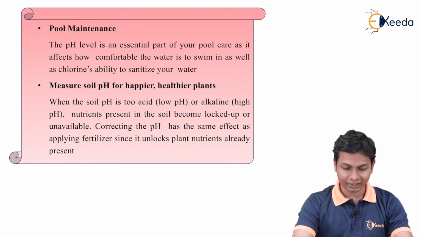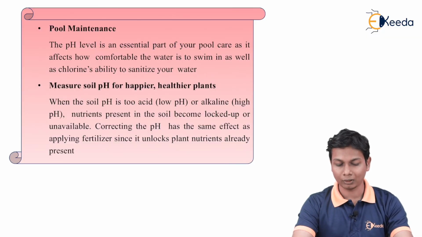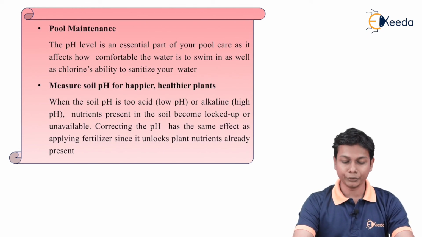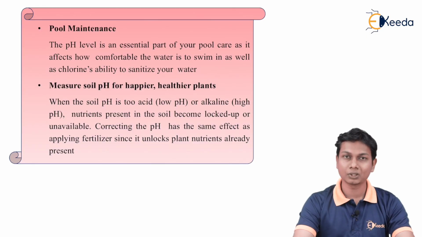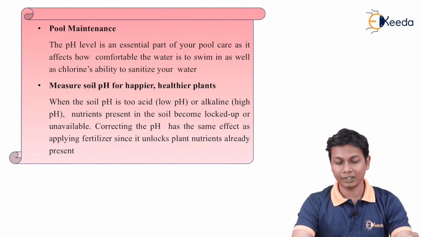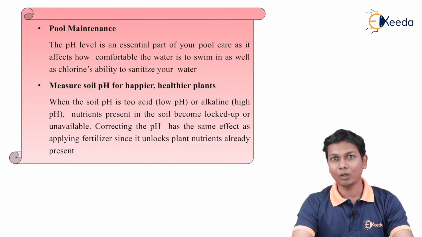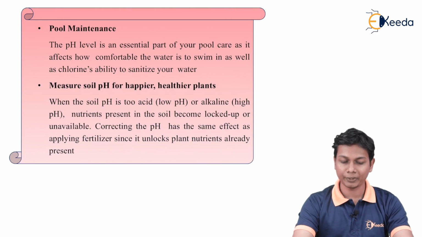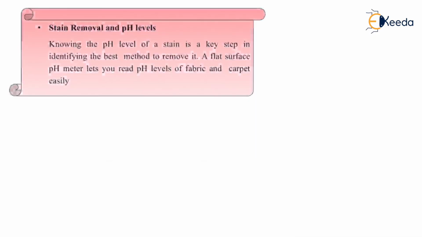Correcting the pH has the same effect as applying fertilizer, since we have to unlock the plant's nutrients that are already present. So measured soil pH is used to unlock the plant's nutrients, which is required for healthier and happier plants.